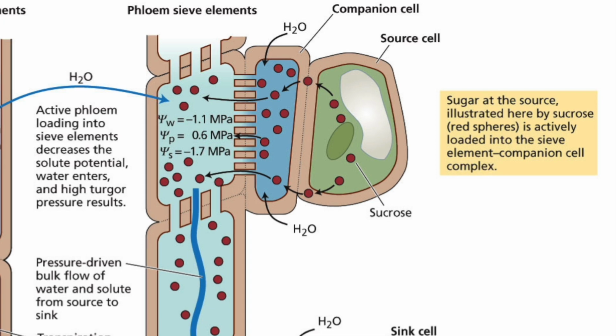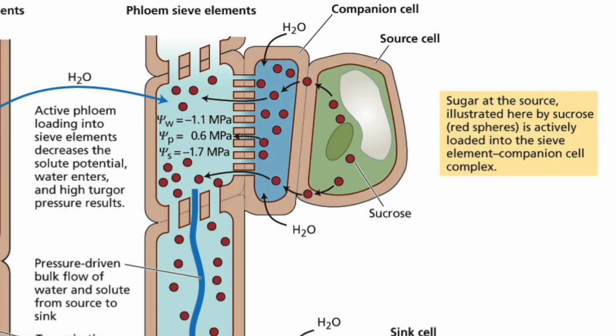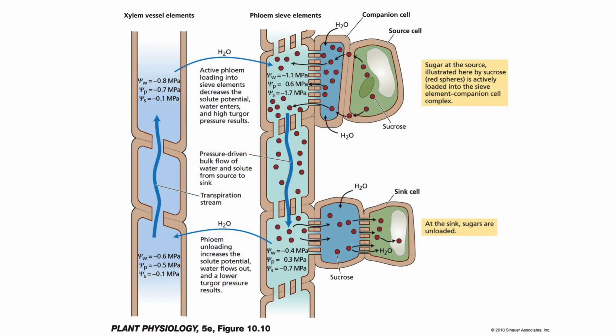So in this particular example, we have a water potential inside the phloem cells at minus 1.1 megapascal. Now, this is not important for pressure, but it is important for water movement across a membrane, which is coming from the xylem or the adjacent cells in the phloem parenchyma.